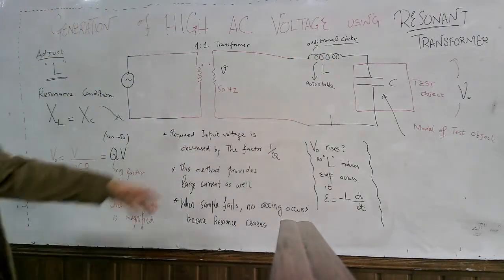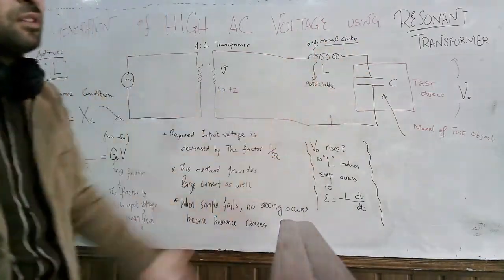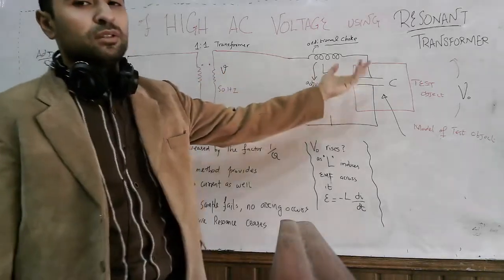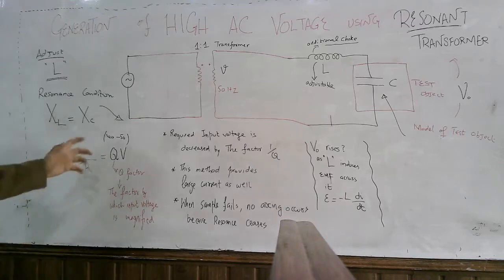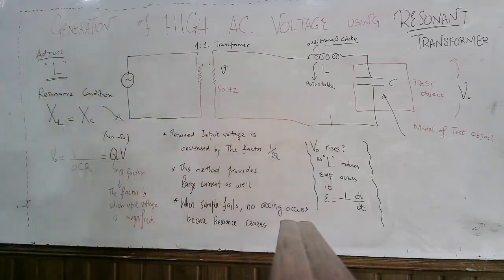And when the test object fails, no more arcing occurs, because this capacitance is no more there and the resonance ceases. This is the main working and the concept of the resonant transformer.